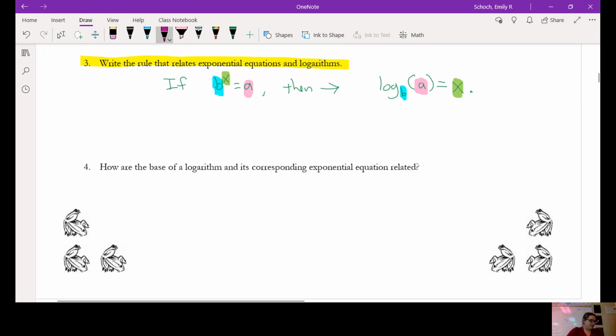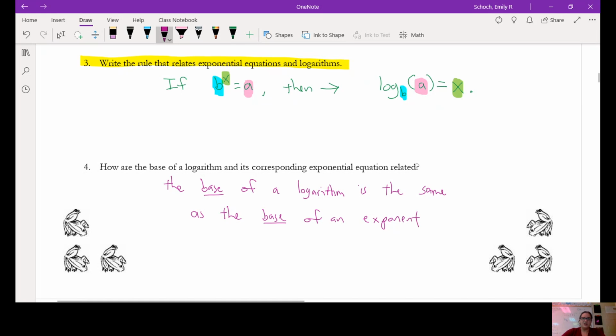But before we do that, the base is probably the most important part. It's the first thing that you want to recognize. The base of a logarithm is the same as the base of an exponential expression. You can just say exponent is fine, even though that's not quite right.